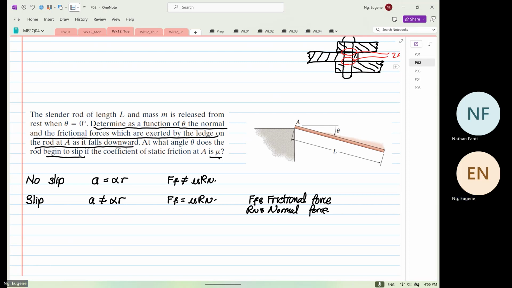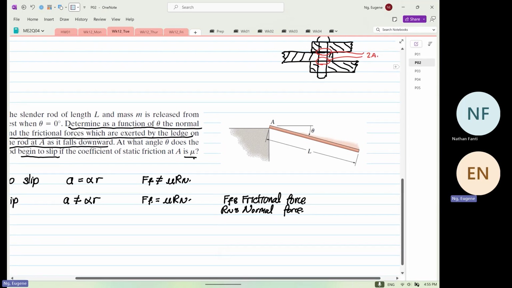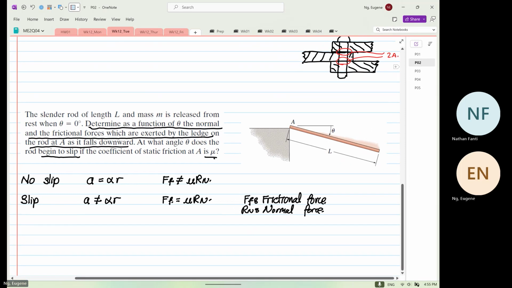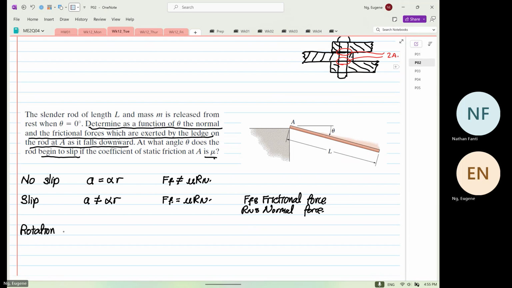Once you see a problem like that, the most important thing is to draw the free body diagram, and the free body diagram is so straightforward. As you can see, what we have down here is rotation about a fixed axis.